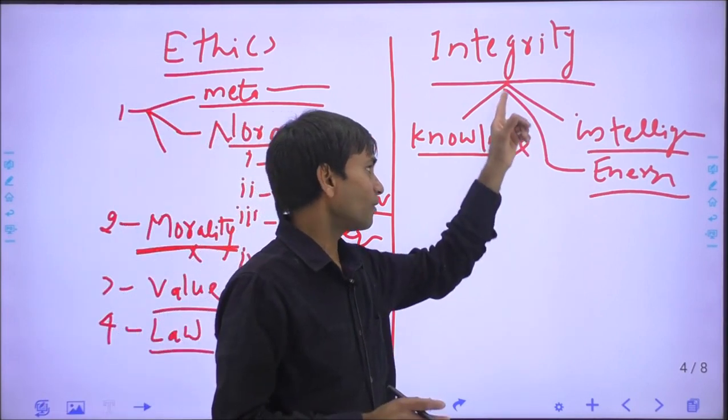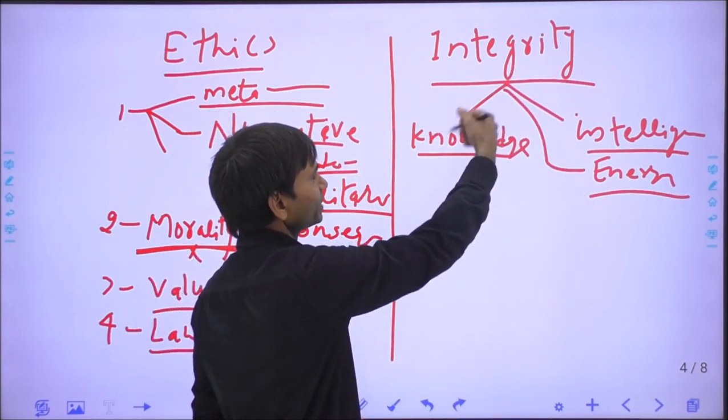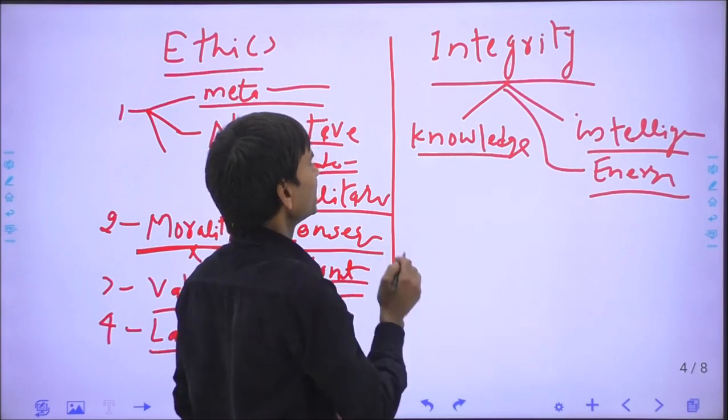It is very harmful to society and country. So this is the relationship between integrity, knowledge, intelligence and energy.